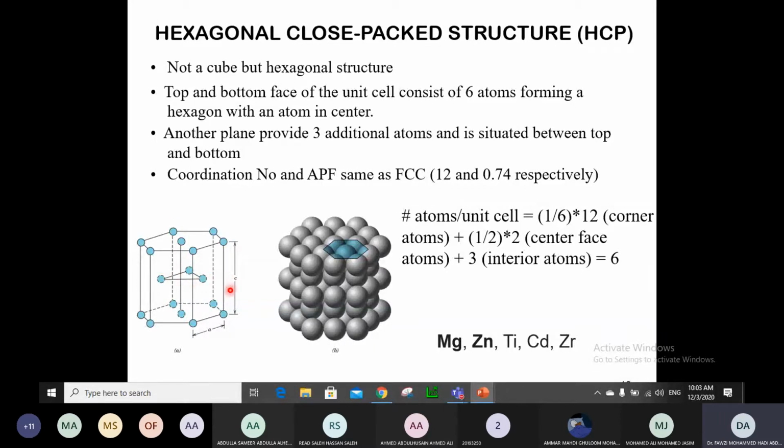So this is basically how the hexagonal close pack crystal structure looks. This is how the atoms in the lattice are distributed. Normally, of course, it's very difficult to draw this. We normally draw the lattice positions of the atoms for the different crystal structures.